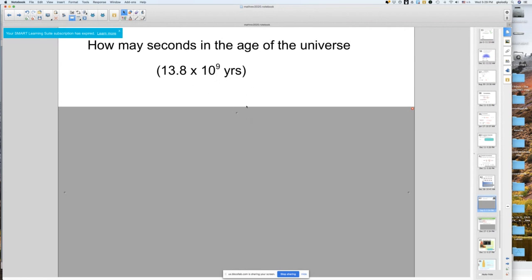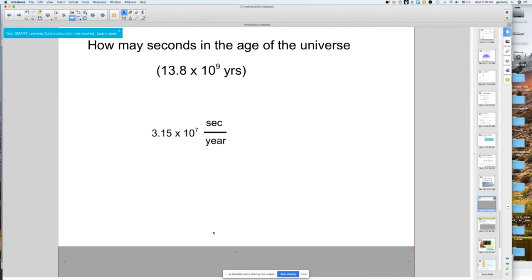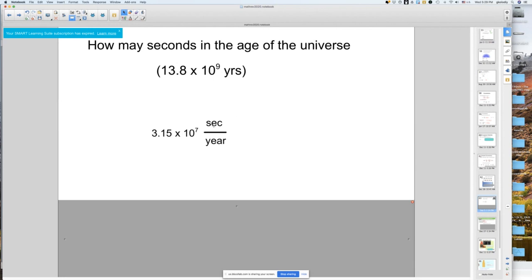You would do it the same way, using seconds per year: you multiply this by that, and you get how many seconds, since the year will cancel off. Okay, the year will cancel off, and this is just 1, so that's the answer.